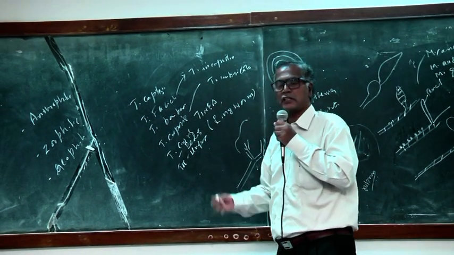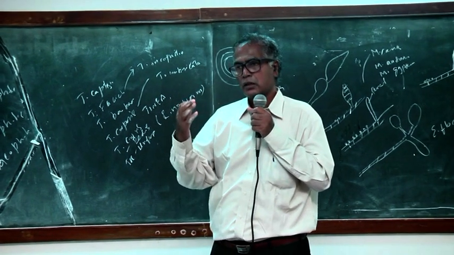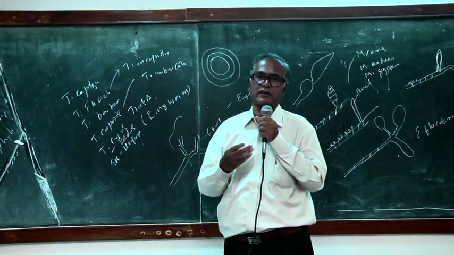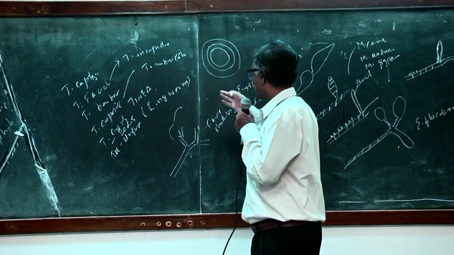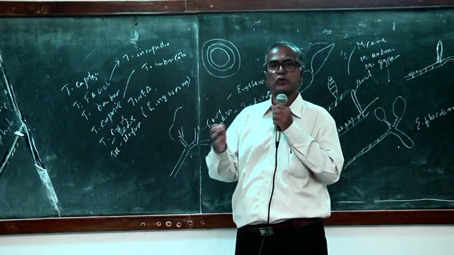Similarly, zoophilic organisms cause infection mainly among animals, but because of close acquaintance with animals, humans also get infection. For example, Microsporum canis or Trichophyton verrucosum can cause infection from animals to humans.